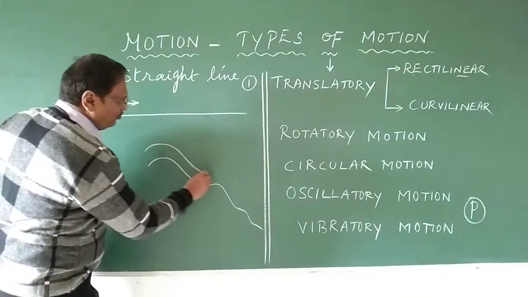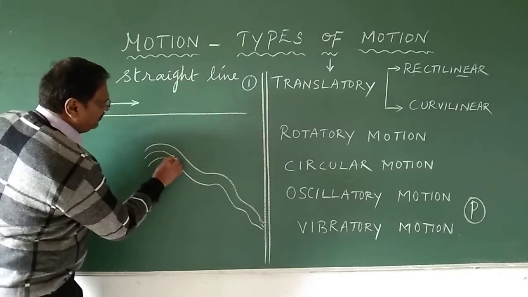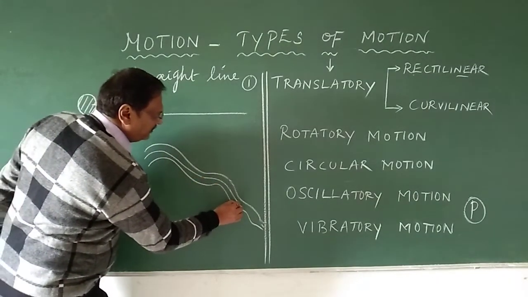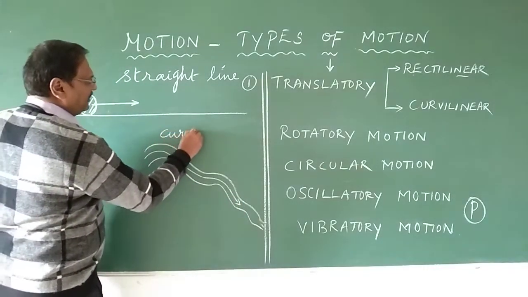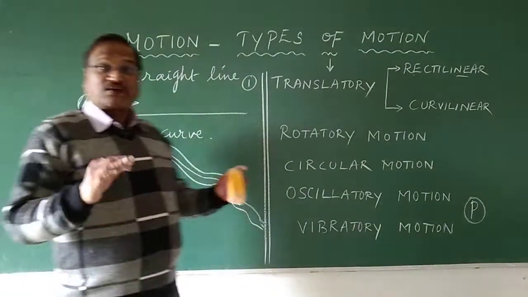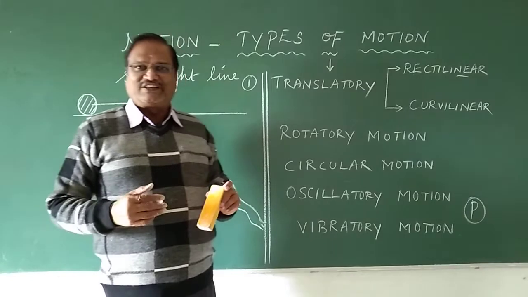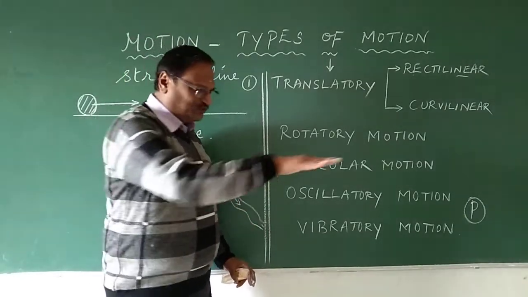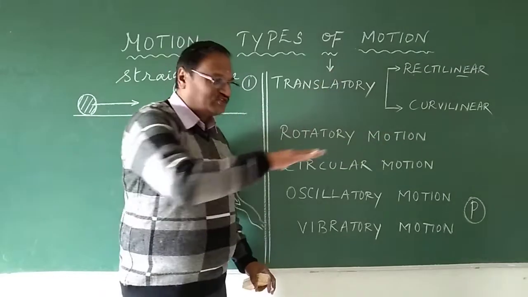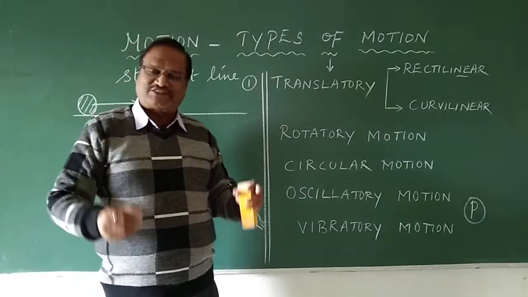When a car is traveling on this kind of road, it is going to move here, again move here, and this motion is not a straight line. This is in a curve, and that is called curvilinear motion. For example, you see a snake. How does the snake move? Snake moves like this, like this. It moves in a curve, and that is called curvilinear motion.